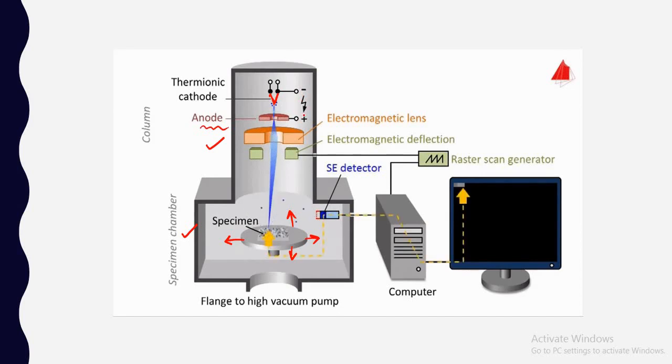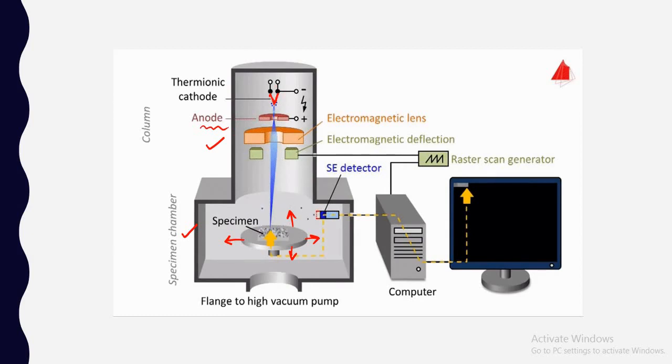These are both connected, and because of that a strong electric field is generated, which will accelerate the electrons out from the cathode, which are the primary electrons, and then these primary electrons will fall on the specimen like this. I hope you are clear how the electron beam is generated here.